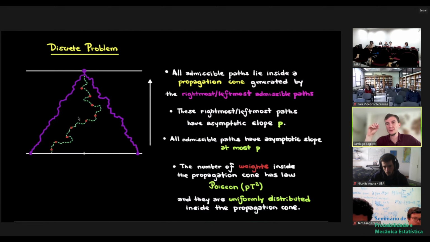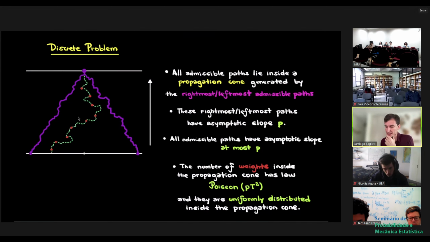Moreover, these rightmost and leftmost paths jump every time you see a cross. But these crosses actually correspond to points in a Poisson process. So basically these paths will make a jump every time a Poisson process makes a jump. And so they themselves will be, modulo shift or whatever, Poisson processes themselves.